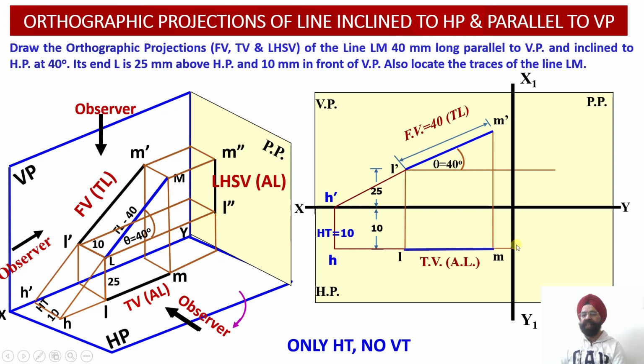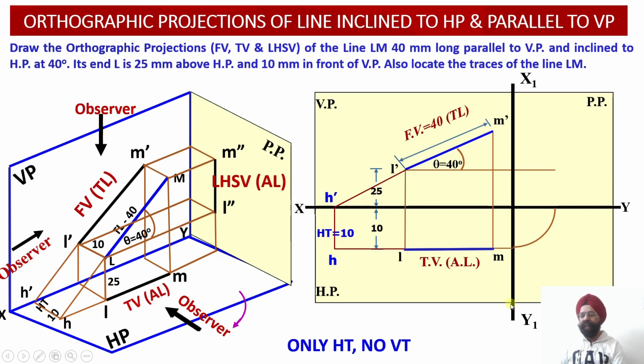So how will this transfer be done? This will be done by using the transfer technique, so a transfer arc has to be drawn. How are we going to draw this transfer arc? We'll keep the needle point of our compass at the point of intersection of the two reference lines, that is the XY reference line and the X1 Y1 reference line.